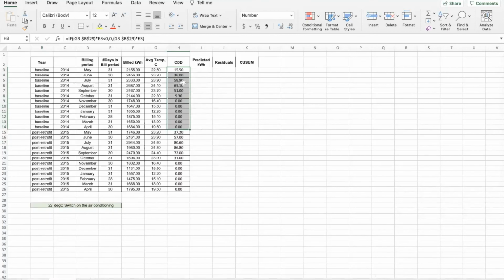Now we know about this value, and we have the billed energy consumption. Billed means the energy you actually consume. It's not predicted, it's consumed. Because you actually consumed it, you receive a bill from BC Hydro and know how much energy you actually consumed.